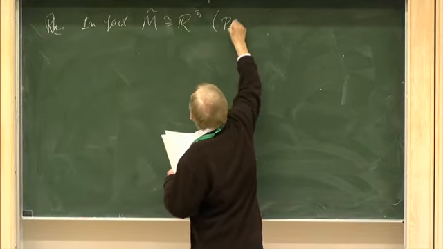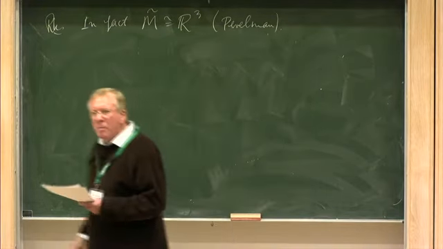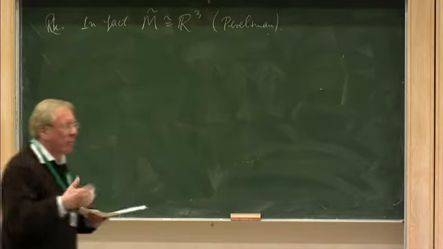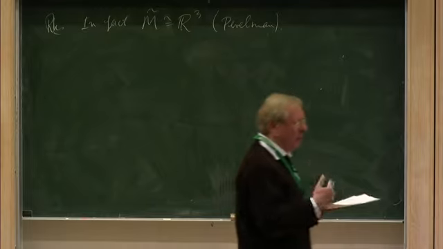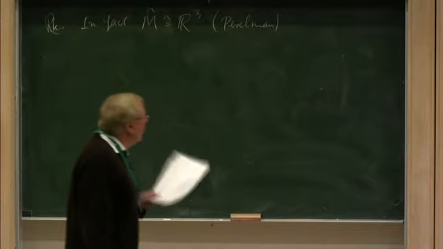That's Perelman. And of course, as most of you know, much more can be said. Usually, you can identify the action of pi 1 of M on R3 with the action of a discrete subgroup of the isometry group of hyperbolic 3-space, and so on and so on. But just a very basic statement.